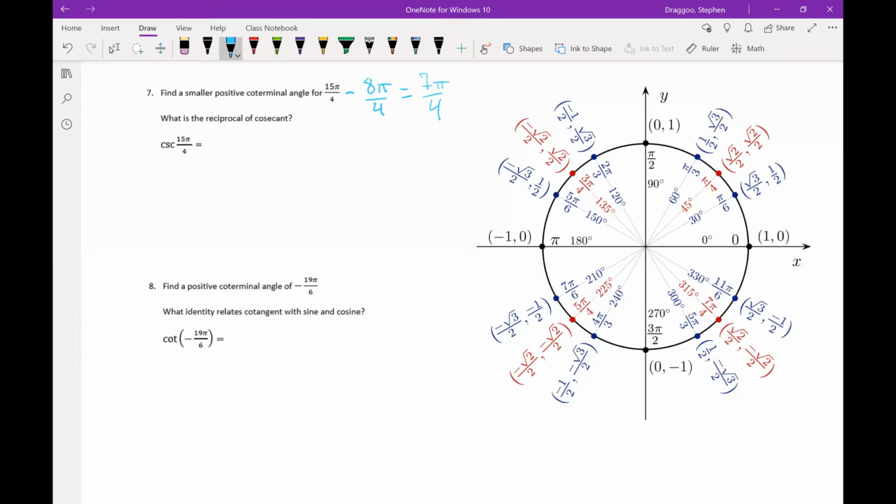And then the next part, the reciprocal of cosecant, we know is sine. So if we're looking to get the cosecant of 15 pi over 4, we are going to find that by taking 1 over the sine of 7 pi over 4.